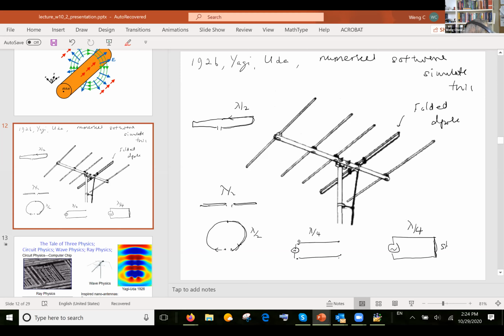If you put a short here, it resonates like this, say the current is the maximum. We have studied the case of a shorted transmission line and an open circuit transmission line. So if it is a short circuit, you can still get it to resonate around lambda over 4, which means that if you can make this total length lambda over 4, it will still resonate.